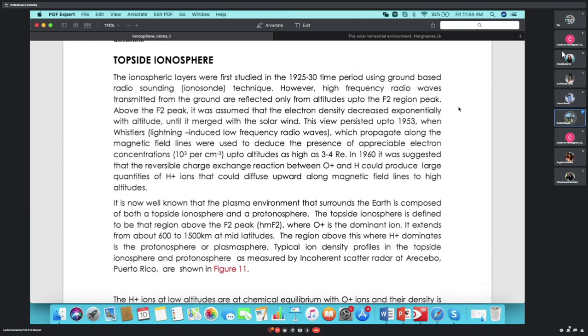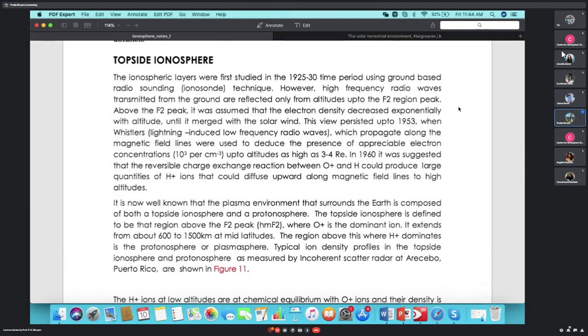O plus density decreases with height, H plus density increases with height. At around 600 or 700 kilometers, H plus becomes the dominant ion. So we call it the protonosphere, not exactly ionosphere, because it is H plus dominant plasma.